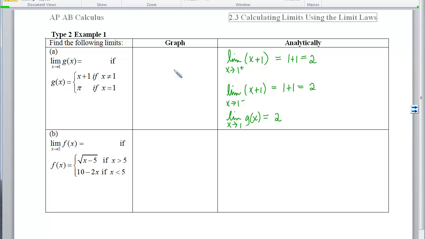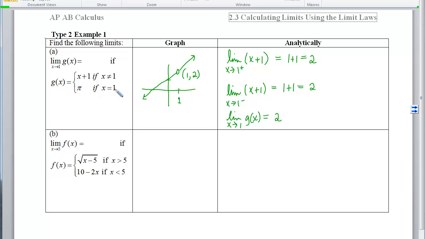So what's happening graphically? Graphically, this says, as long as x does not equal 1, I'm going to be on the graph of x plus 1. So I will look like a line that has a y-intercept of 1 and a slope of 1 and a hole at x equals 1, whose y-coordinate matches the limit.